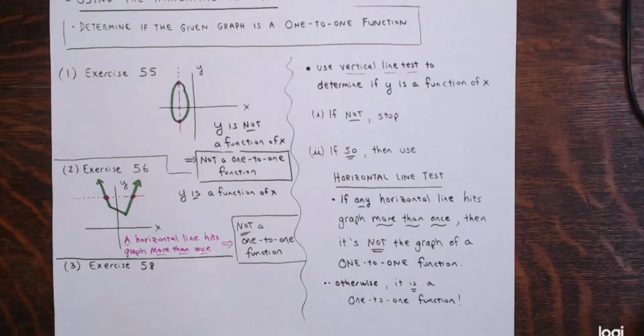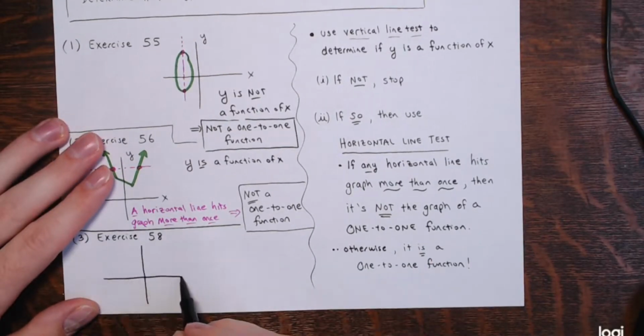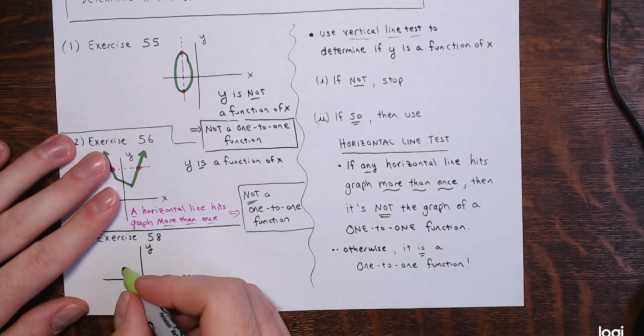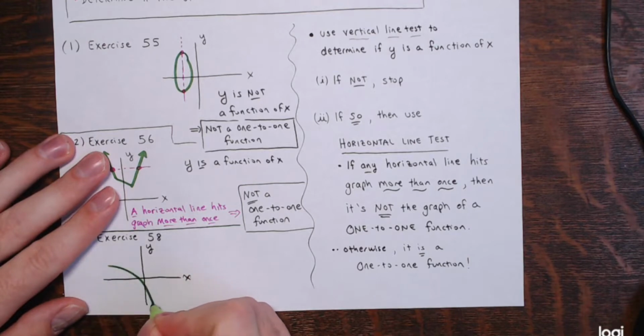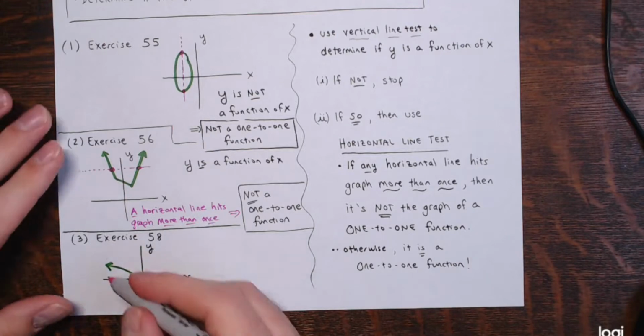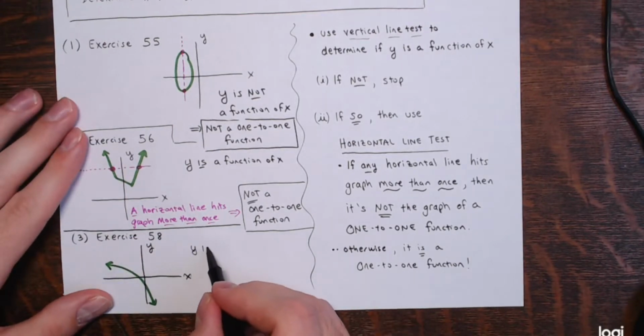Again, I'll do a really, really rough sketch here. X, Y, and it looked something like this. Going like that, and again, it passes the vertical line test. So y is a function of x. Cool.